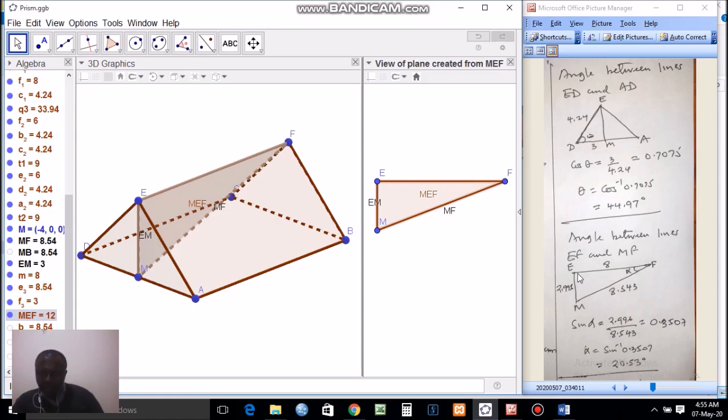Now the angle between EF and MF is the angle marked alpha, that is angle EFM. This is a right angle triangle. So once again, we use the sine ratio. So sine alpha is 2.996 over 8.543, which is 0.3507. Alpha is sine inverse of 0.3507, and we have 20.53 as the angle between EF and MF.